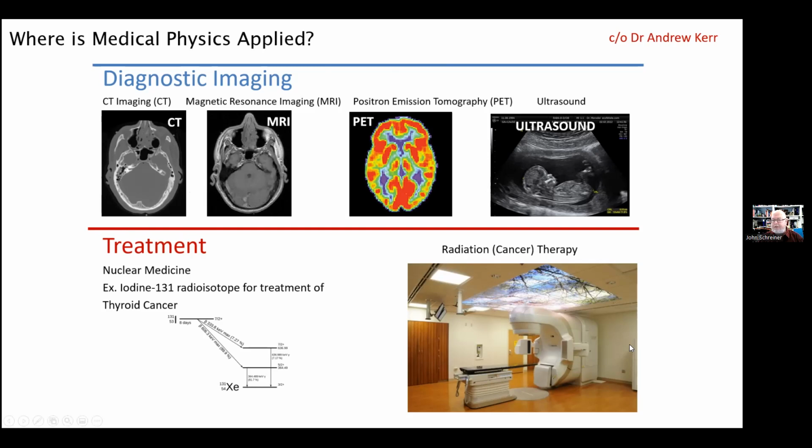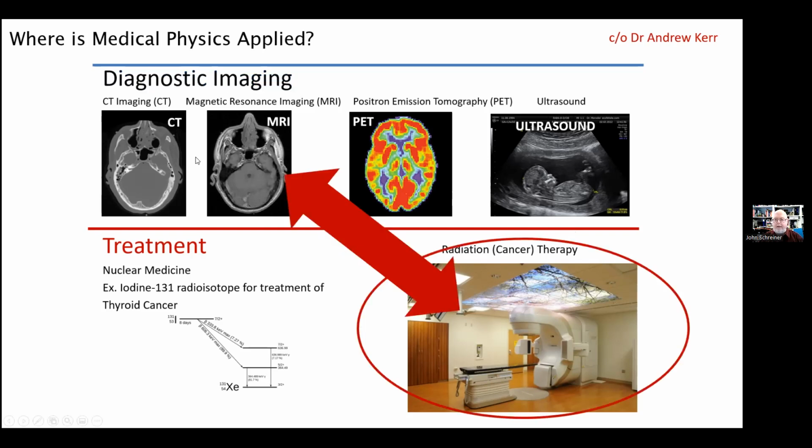Also, we can use physics for treatment of disease. And this is what I will be concentrating on today: how we use physics and how medical physicists are involved in the treatment of disease. In fact, these two areas have become more and more overlapped over time, in that imaging guides much of the radiotherapy that is done in a modern cancer clinic.